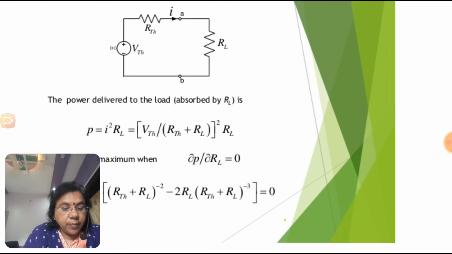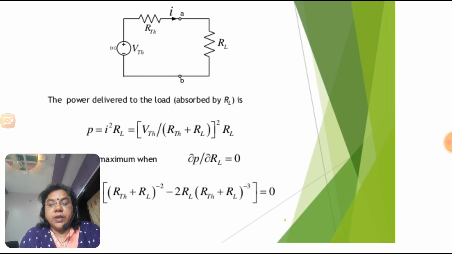The current drawn by the load RL will be I equal to V upon RL plus RTH by Ohm's law. The power delivered to the load can be estimated using the power relation P equals I squared RL. Putting the value of I as VTH upon RL plus RTH, P will be I squared into RL.